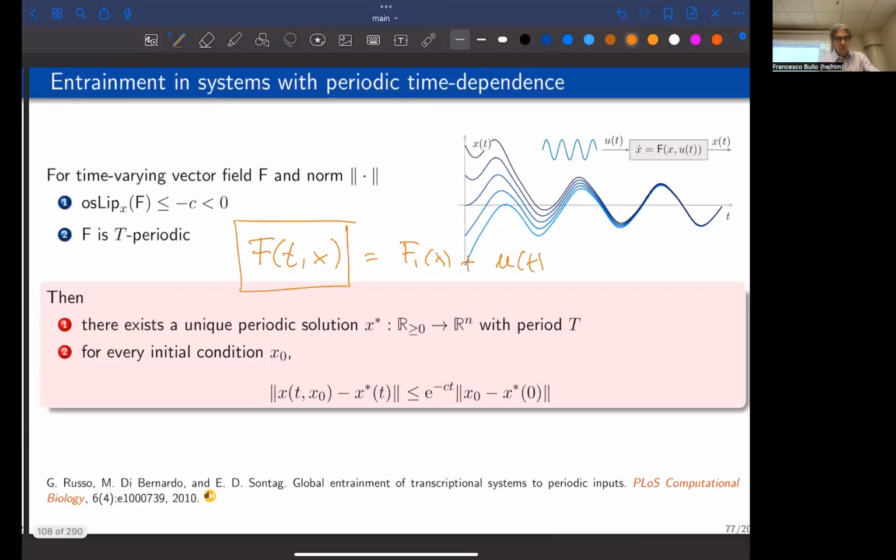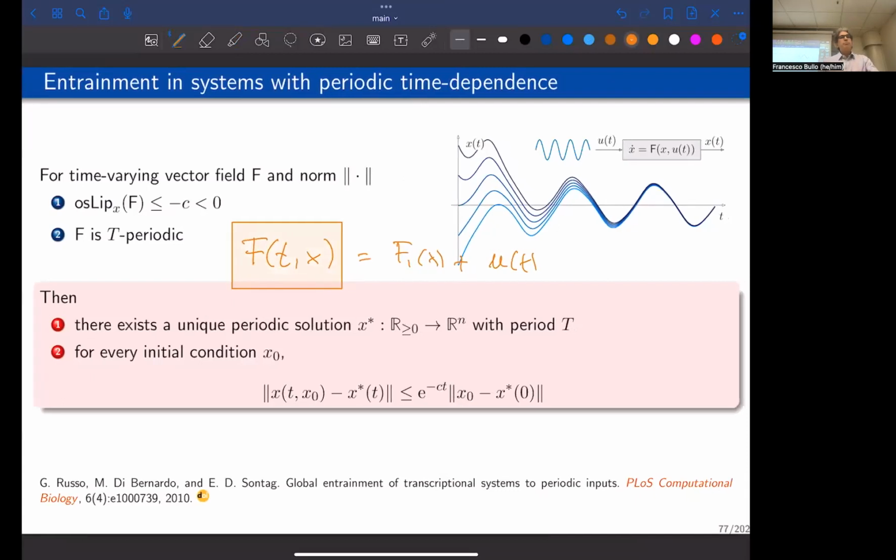I have a time periodic vector field, and the dependence upon time is periodic. And the other assumption is that the vector field is contracting. If so, then you entrain. What does that mean?